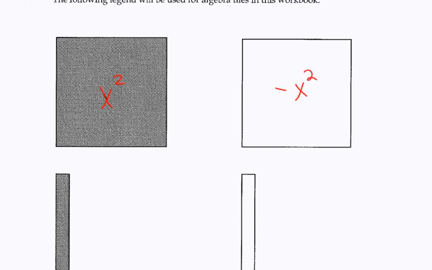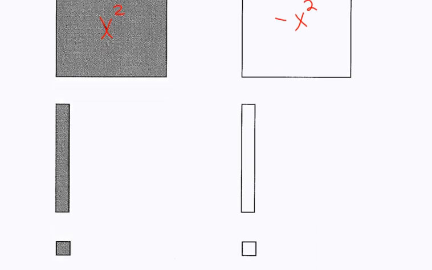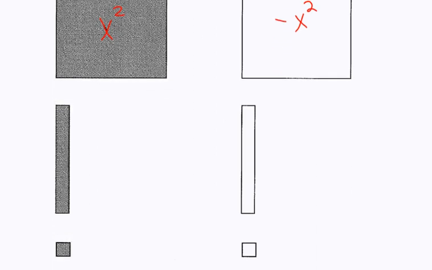Okay, so what piece would this be? X, which makes sense, because if this is an x squared, it's because its dimensions are x by x, which make an x squared. So this is an x, and its dimensions are x by 1. So an x, oh, again, the red's in the wrong spot.